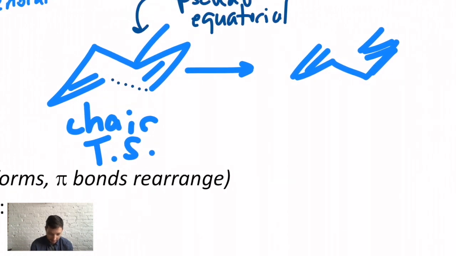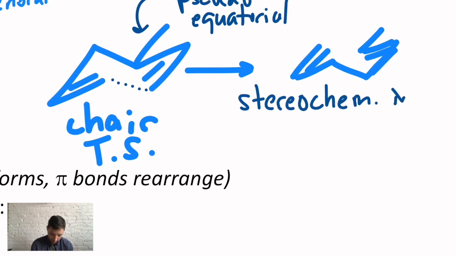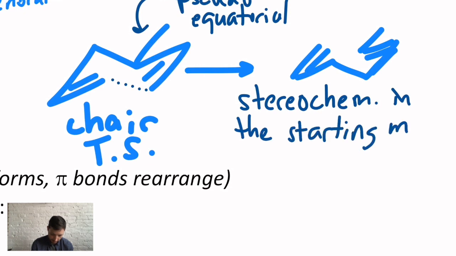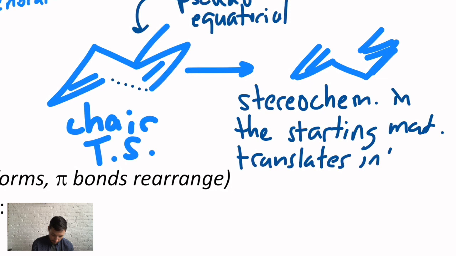So the point of this is that the stereochemistry in the starting material translates into the product.